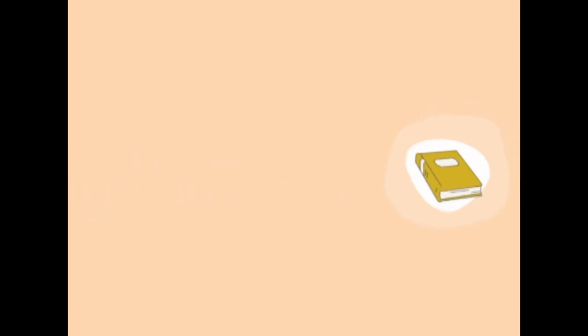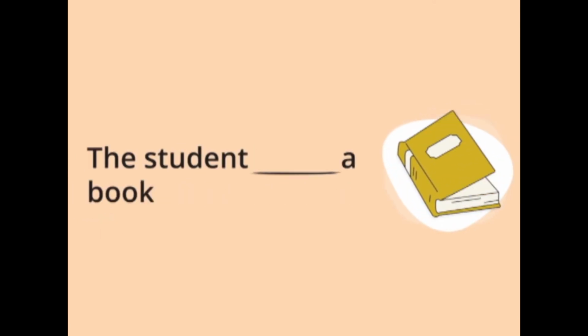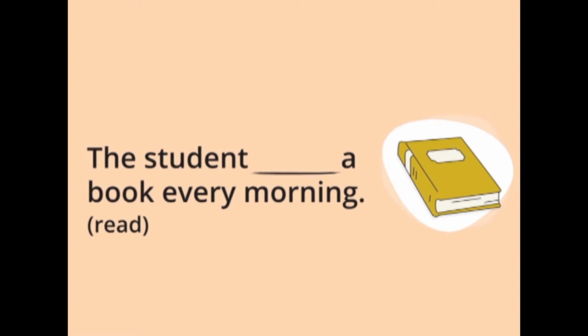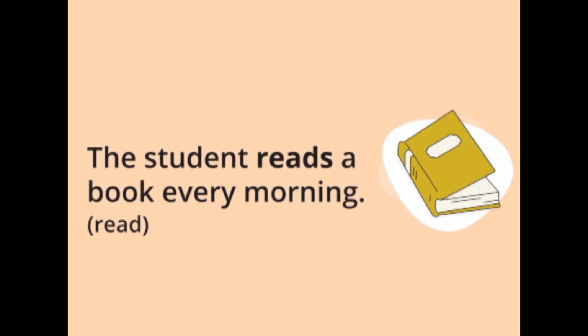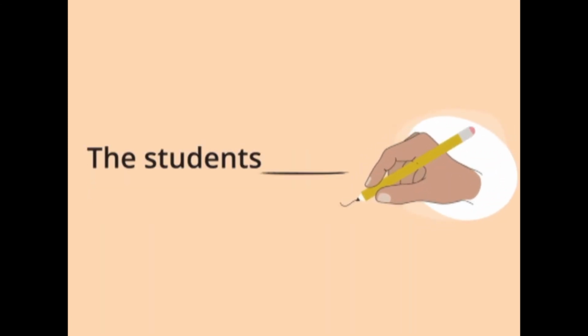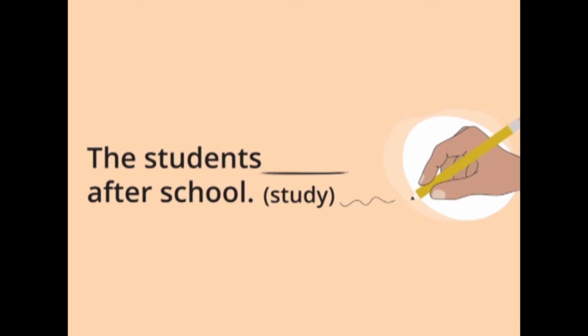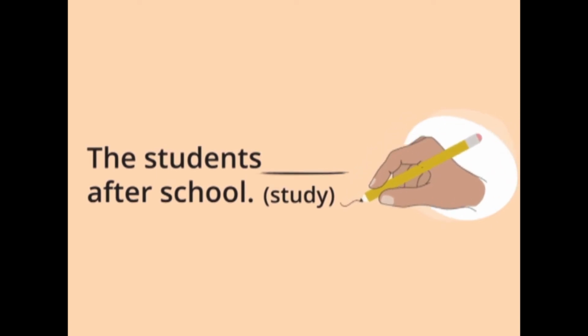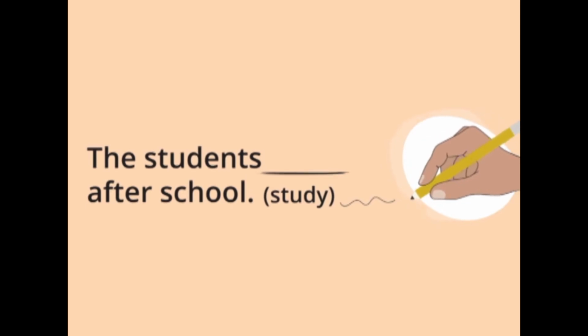The student dash a book every morning. It is singular, that means student. So what will come over there? Reads. The students dash after school. Study is the verb, and it's plural. So what will come there? The students study after school.